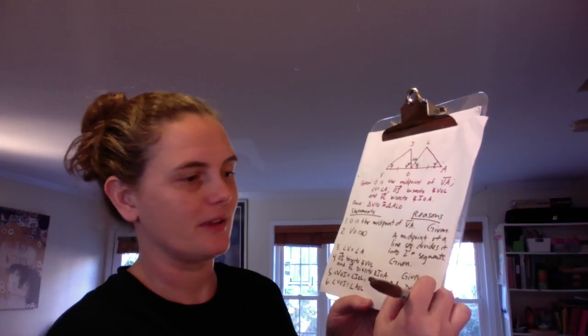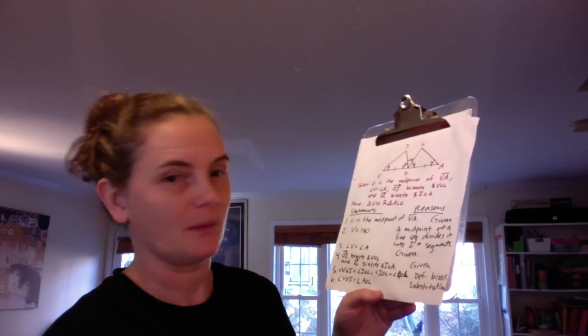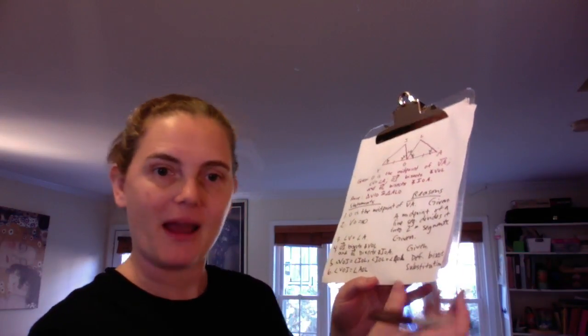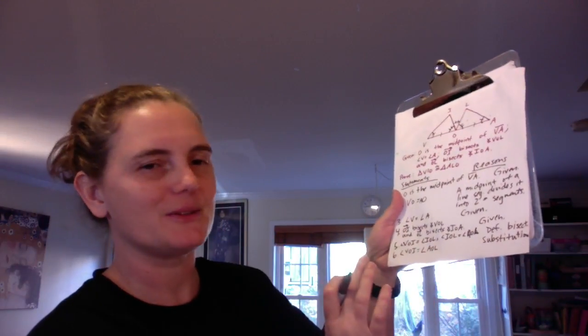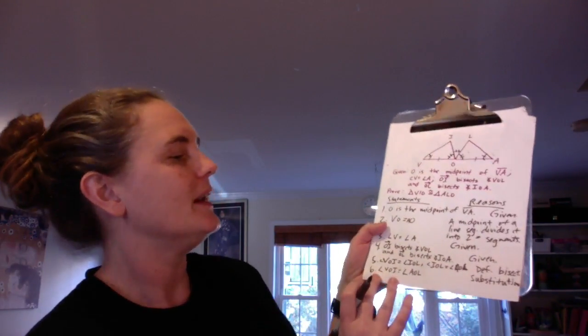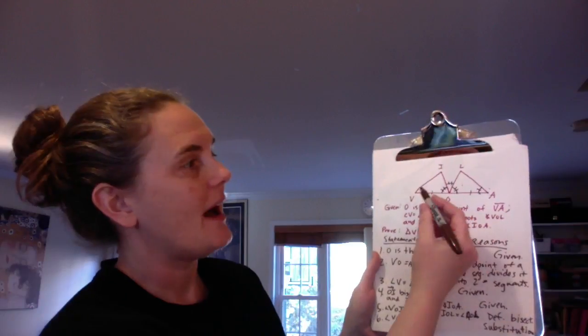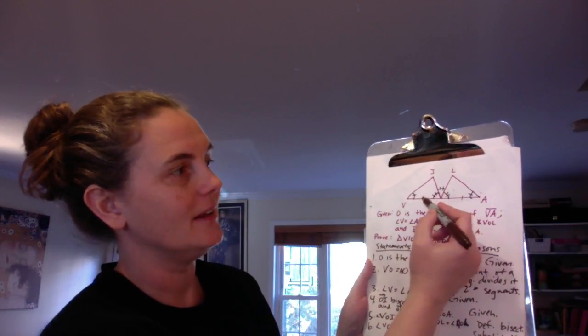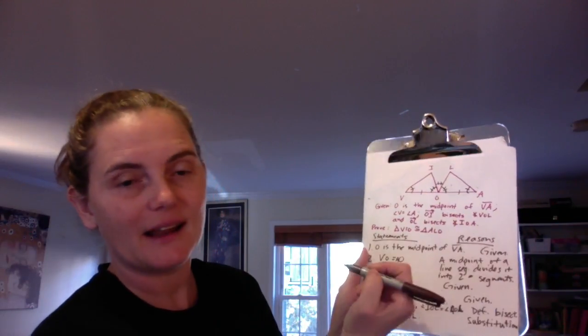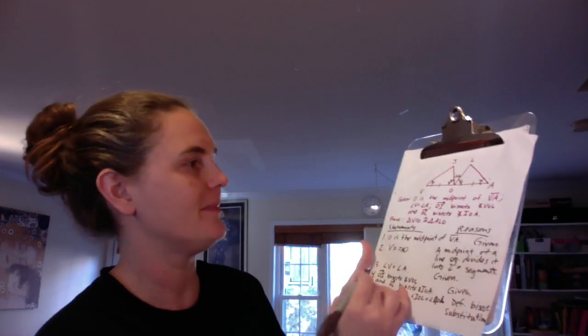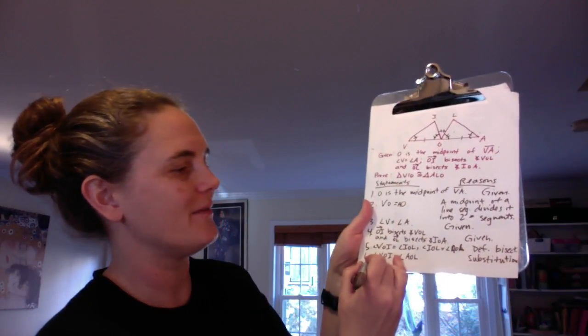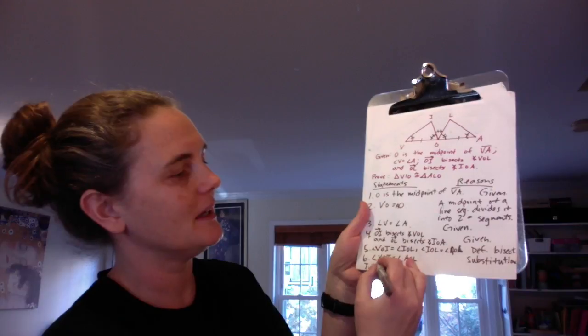Either one would be perfectly fine. Once again, it's your proof. Do it your way, as long as you get to the end point. So now we've got it. We've got this angle and that angle, this side and this side, and that angle and that angle. We've got ASA. So we've proven it.